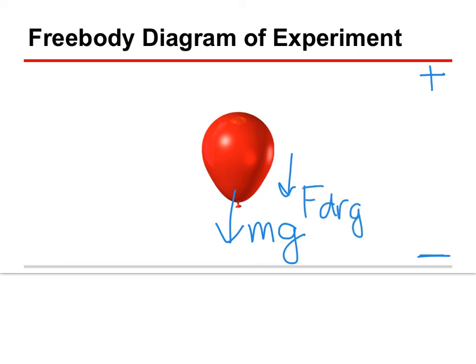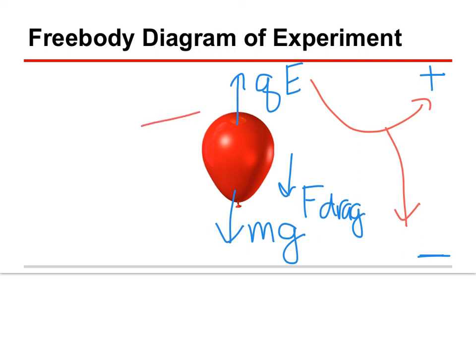Remember, it was at its terminal or final velocity, so it was going as fast as it could. What was pulling it back up? Well, we had the charge of an electron times E, which was, remember, our electric field strength. They know this electric field strength because we have these two plates here. They could actually figure that out. So because of this, we were able to figure out the charge on the electron.